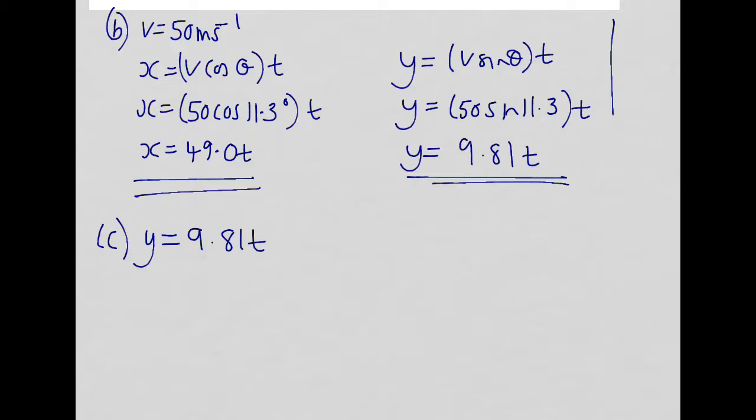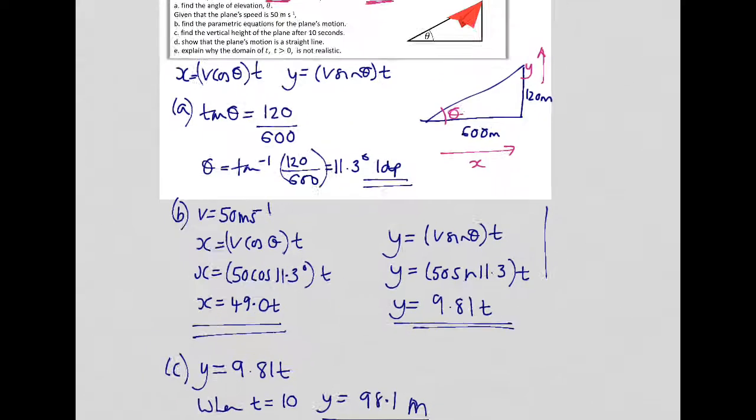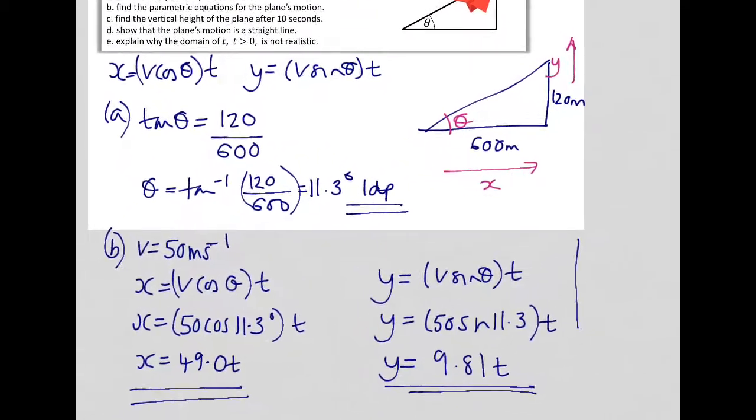We don't have to go back and use those more complicated equations we've used before. So when t equals 10, y would equal 98.1 metres. That's it. Part C done. Nothing more. So that was substitution. Let's keep going. We're doing well now.